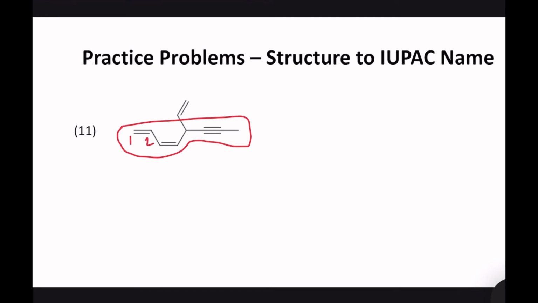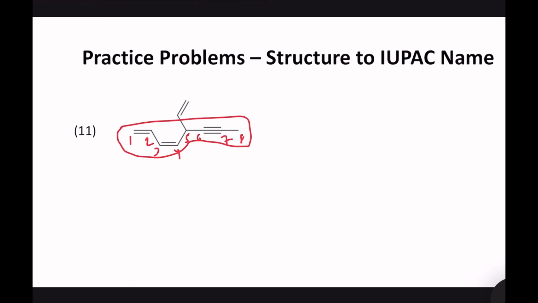Now 1, 2, 3, 4, 5, 6, 7, 8. At position 3, we need to mention the stereochemistry, whereas at position 1, we do not have to, because there is no cis trans isomerism possible at position 1.